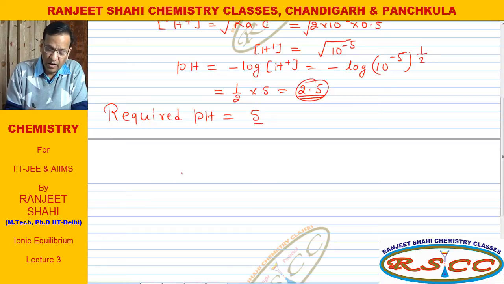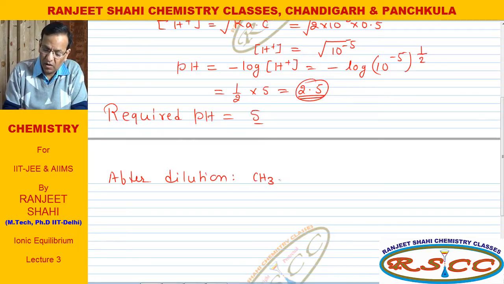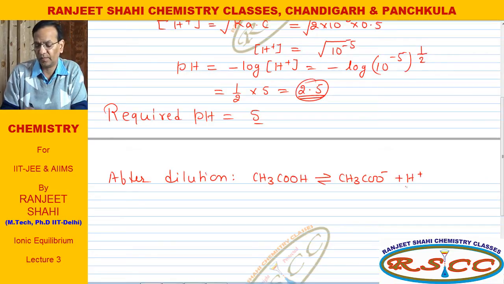We will write again the ionization of weak acid after dilution. After dilution, acetic acid ionization will be written in the same manner to give CH3COO minus and H plus. Now after dilution let the concentration of acetic acid be C. C is the initial concentration of acetic acid after dilution.